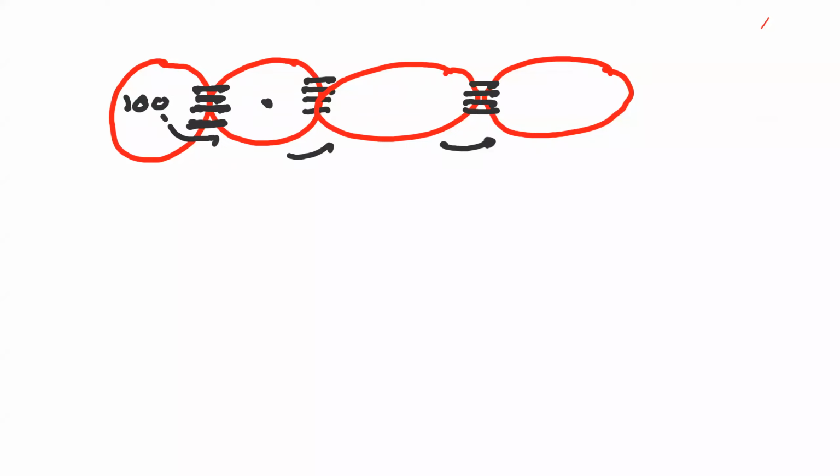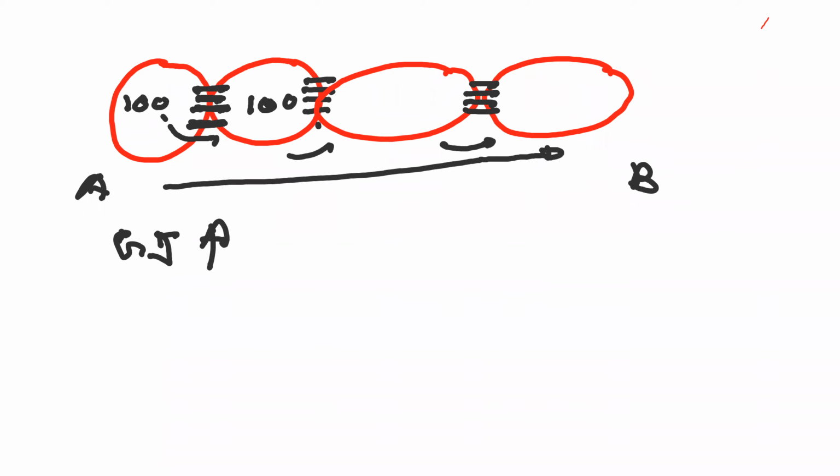Using less time, the 100 can be moved into here by using a high number of gap junctions. If there is a less number of gap junctions, that means what? This is A and this is B. If the number of gap junctions is high, that means you can move from A to B within a less time period.